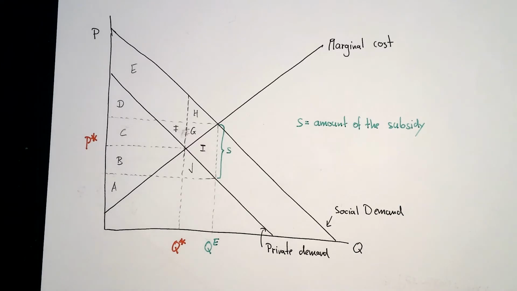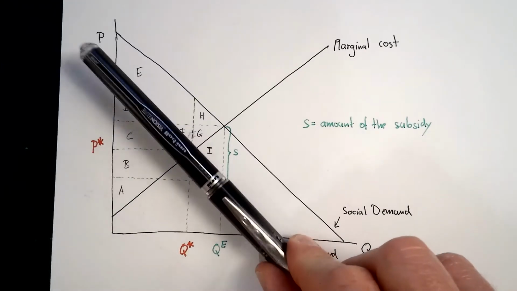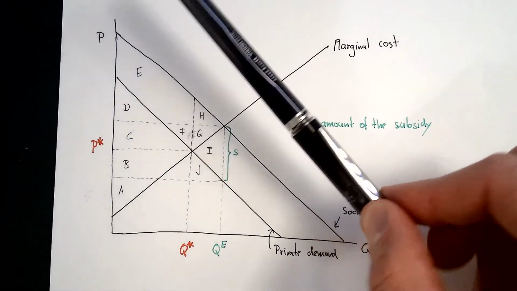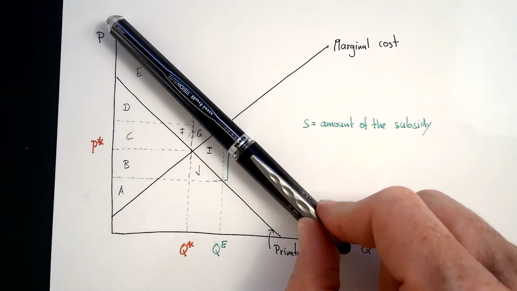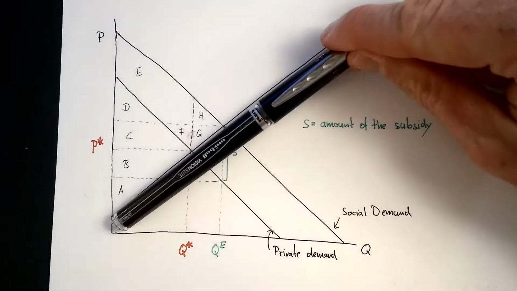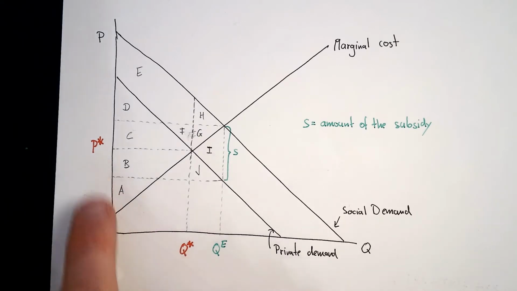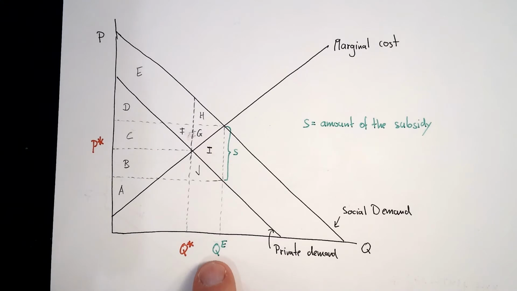All I have done here is draw the private demand, which we have seen above, the social demand, and the marginal cost. As I said before, in the absence of any regulation, we would have equilibrium at Q star and P star, but what we really want is an equilibrium at QE.